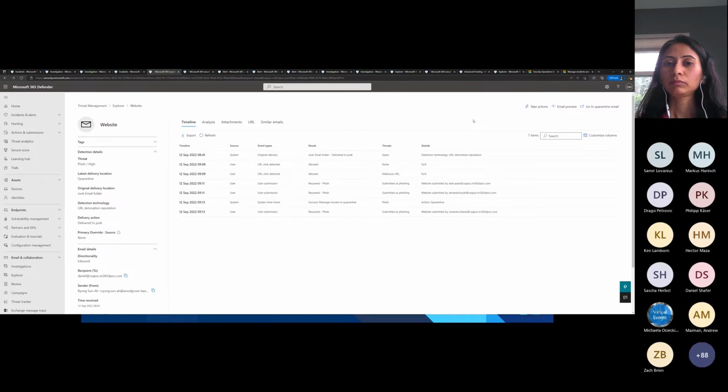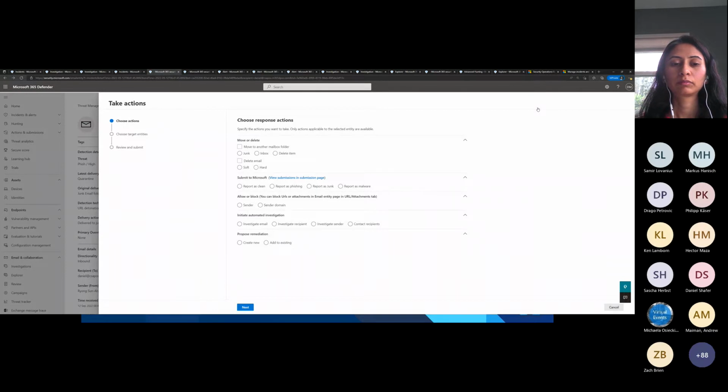On the action side, this is also something new we exposed recently. Actions on email, you can do in multiple places. You can approve an investigation for a group of emails or for individual emails. But if you are already down on an email entity page, you can also take remediation actions straight from here. This is new functionality. You can pretty much take the same actions you can take from Threat Explorer, like moving the message from inbox to deleted items, soft delete. But one of the things we continue to invest in is helping security operations people do more.